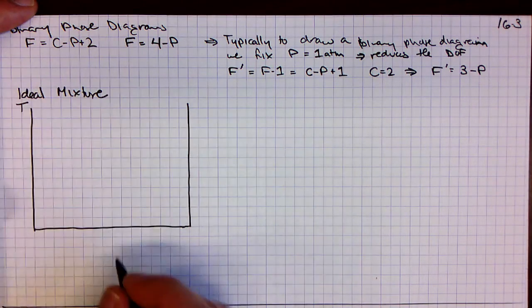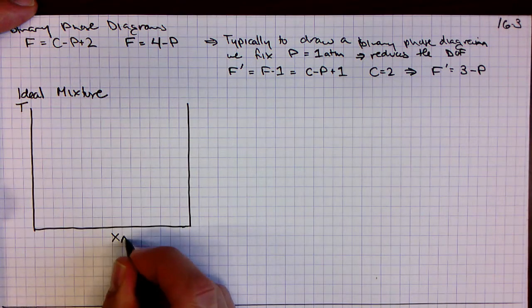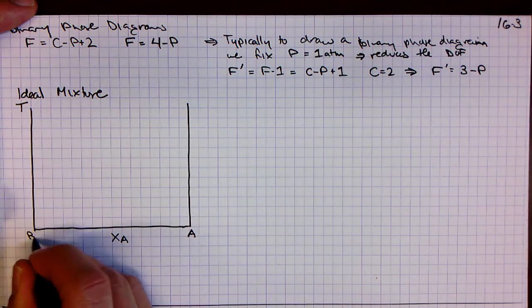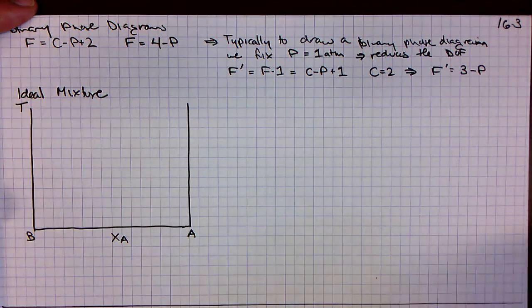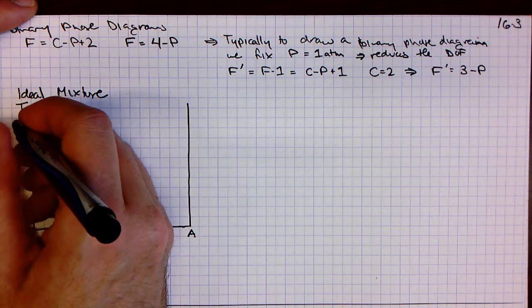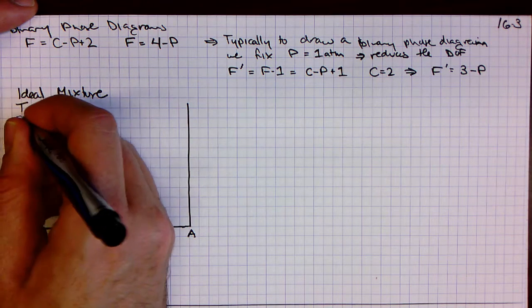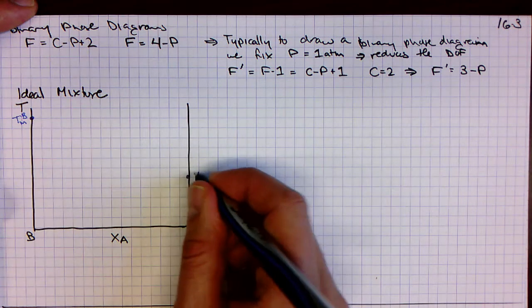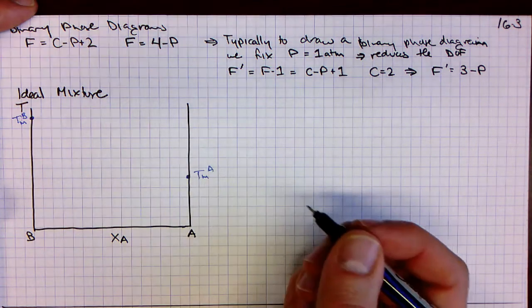So we have a function of temperature, and then we have our composition. We'll call that XA. So here we have pure A, and here we have pure B. And we said that that meant that over here somewhere we have the melting temperature of pure B, and over here we have the melting temperature of pure A.